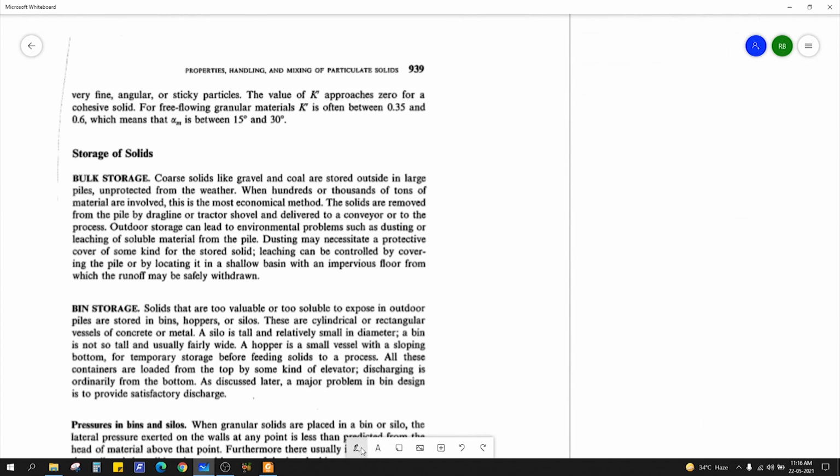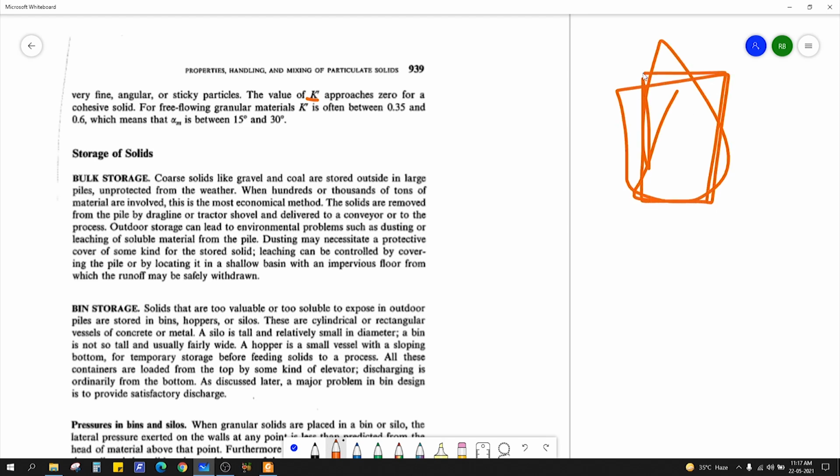There is a range of K dash values given. It says K dash approaches 0 for a cohesive solid. Cohesive solid means very highly sticky, right? If you make a heap of a cohesive solid, it will stand as straight as this, so the angle of internal friction will be around 90 degrees.